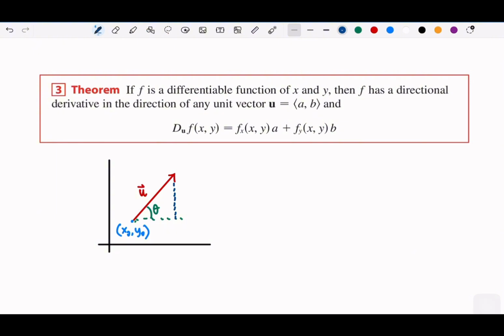You can make the directional derivative in terms of theta as well, based on the angle.